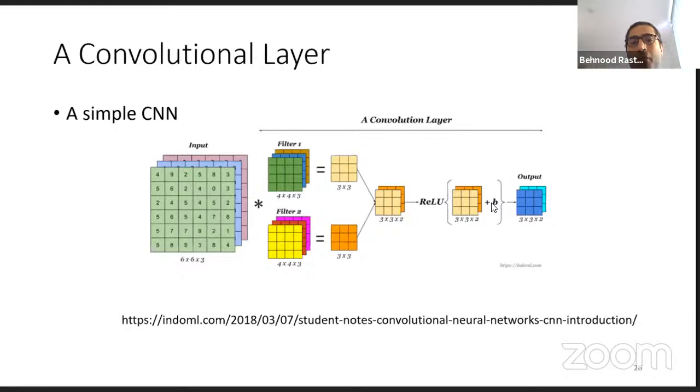These two are the parameters of your network, and anything else, such as the size of the filter and the number of strides, is considered a hyperparameter of your network. So the main question is how to estimate these parameters, W and B.